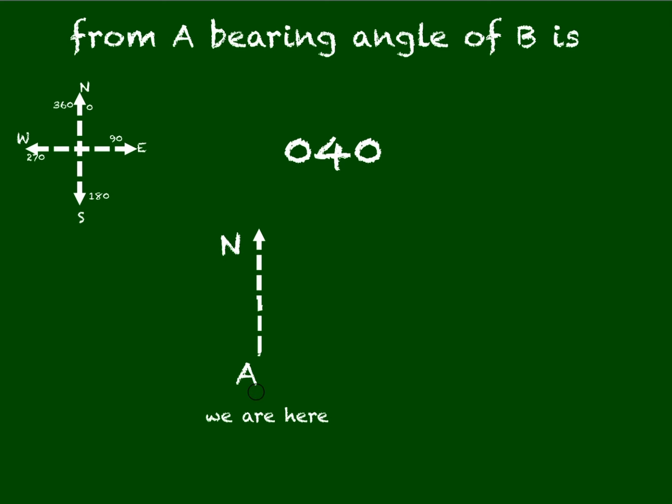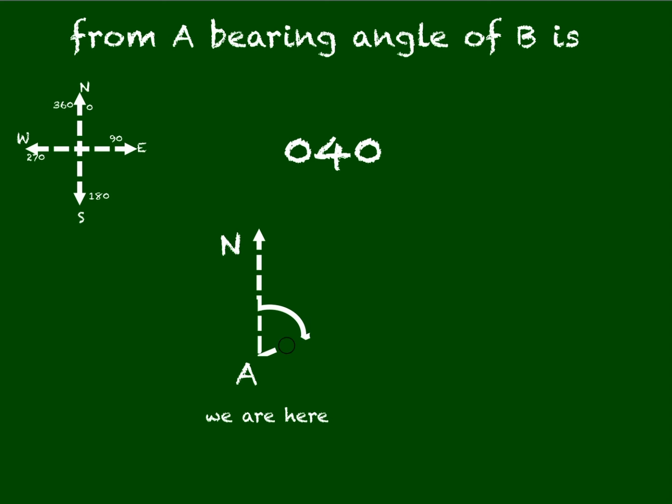For example, from A, it means that you are the captain of ship A, and where is the angle? The B, aeroplane or ship B. So you are here. From the north direction, 40 degrees.